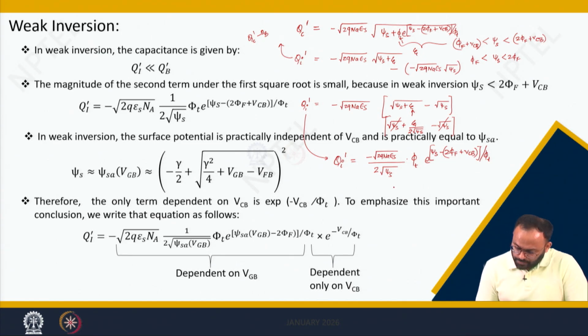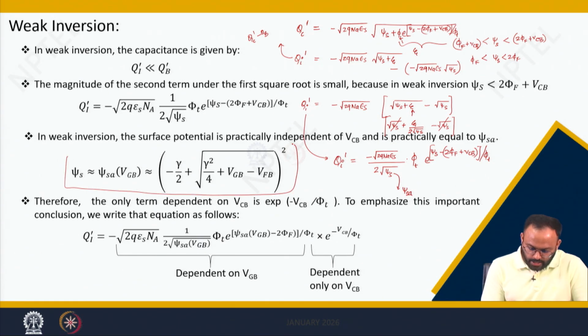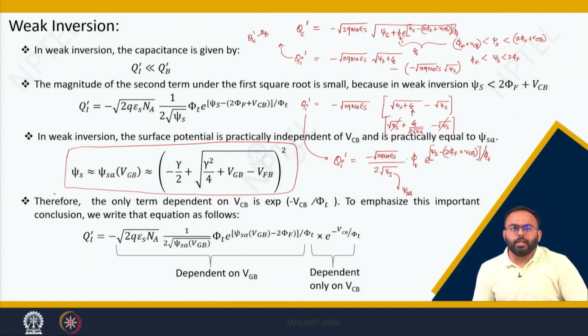Again, as we know, in weak inversion the surface potential has some fixed value, because this is nothing but the same as the surface potential of the depletion condition, which was characterized as psi sa. This is given by this equation, and we have already discussed that under weak inversion the total surface potential is given by this equation.